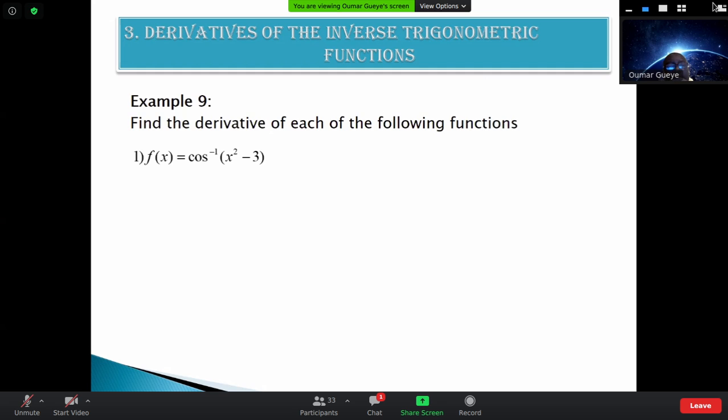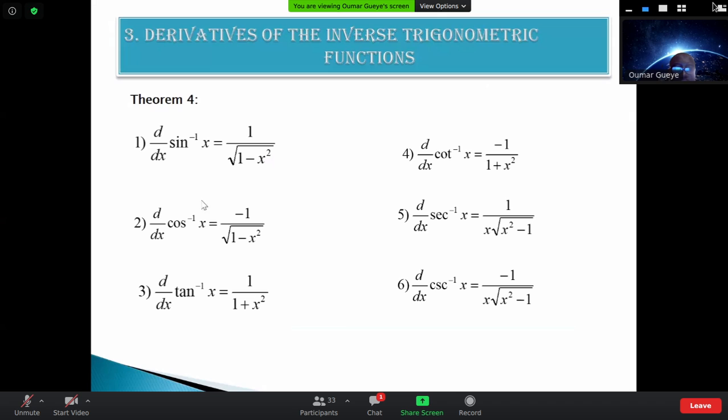Here we have to use the chain rule to differentiate this first example. The reason is the first example is a composite of two functions. We have the cos inverse as a function, and we also have x squared minus 3 as a second function, which is the inner one. When you differentiate this function, you have to apply exactly this formula because we have cos inverse.